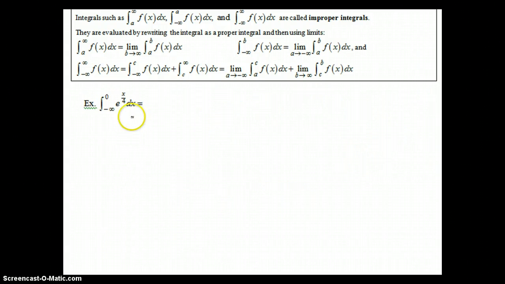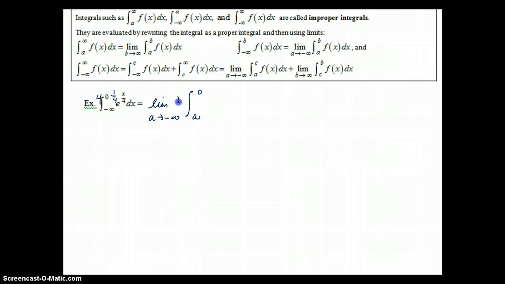Next example. Same process. We know how to integrate 1/4 e to the x over 4. I just would have to adjust with a 1/4 inside here and a 4 outside, and with a limit. So here we go. We're going to let the limit as a, since that's the bottom number, approaches negative infinity, so from a to 0.